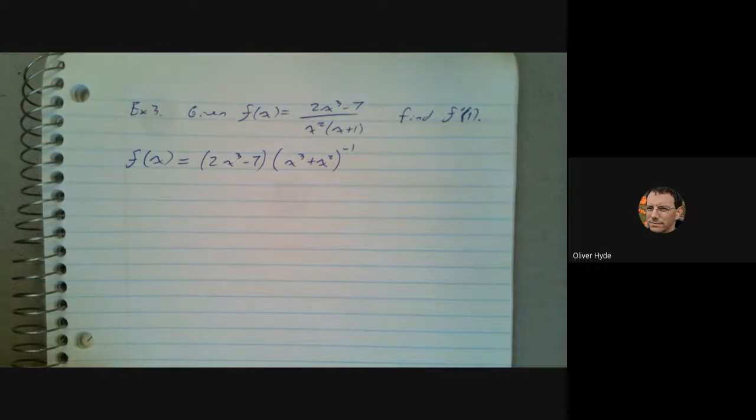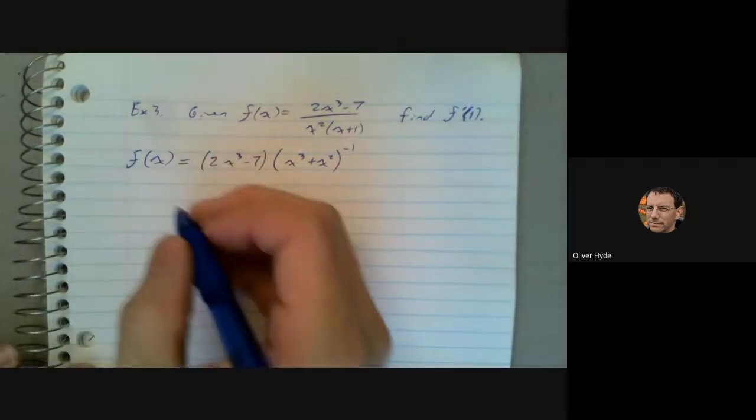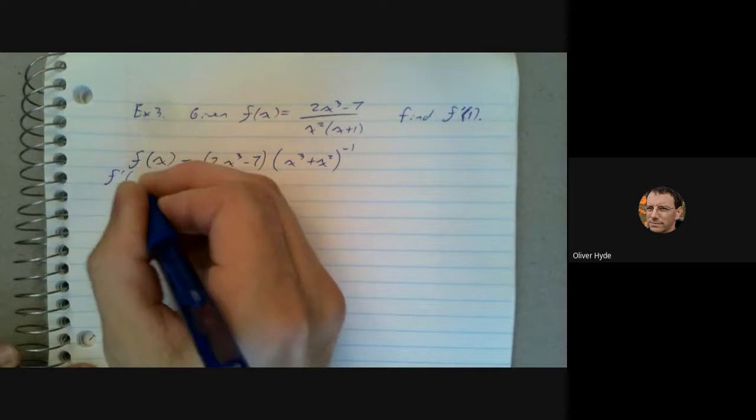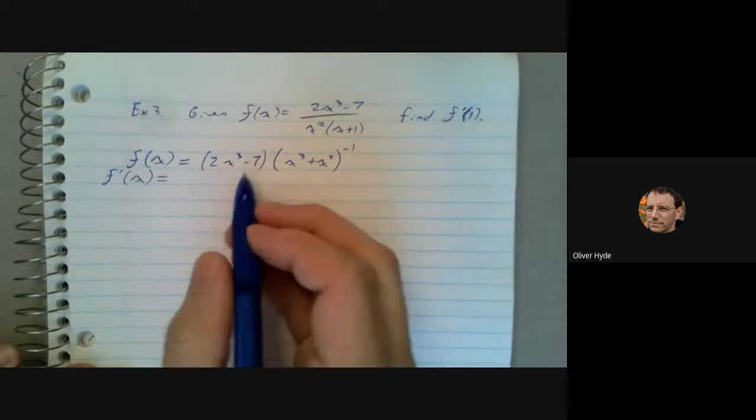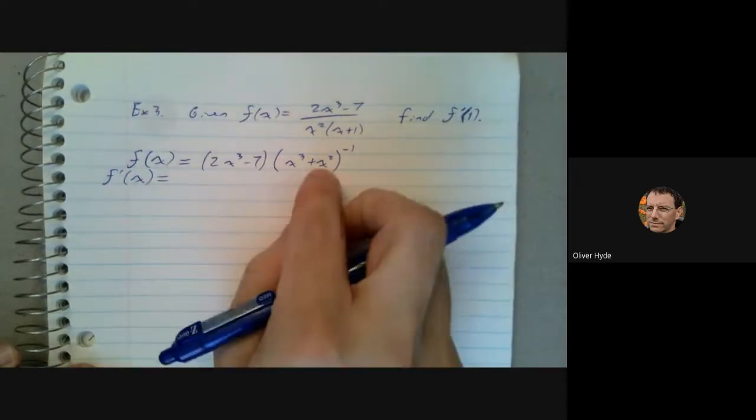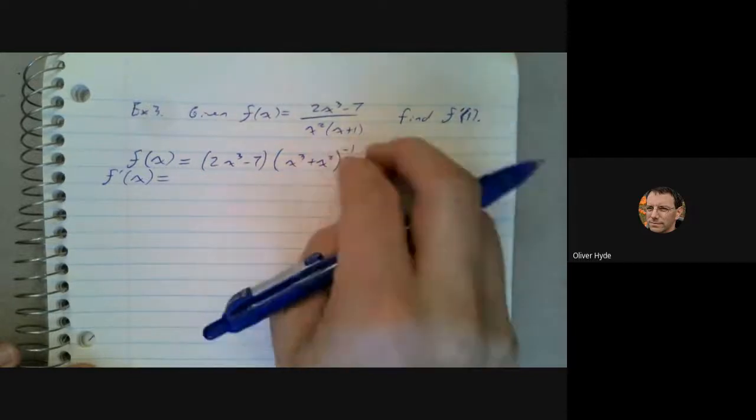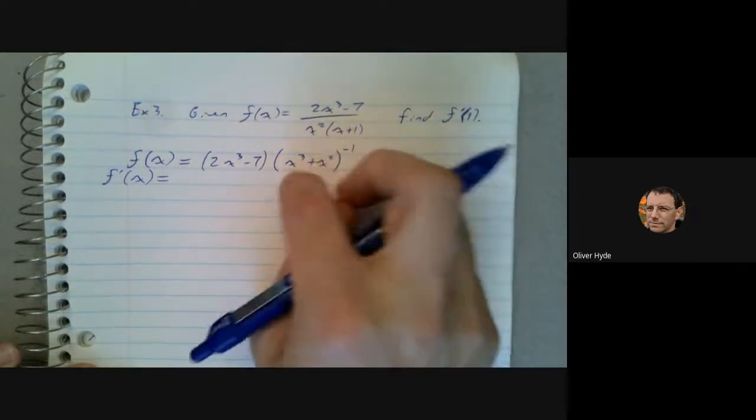Let's try this one without bothering showing the derivative rules. Should take fewer lines that way. F prime of x, I'm going to do the derivative of the first times the second plus the first times the derivative of the outside of the second with respect to its base times the derivative of the base with respect to x.